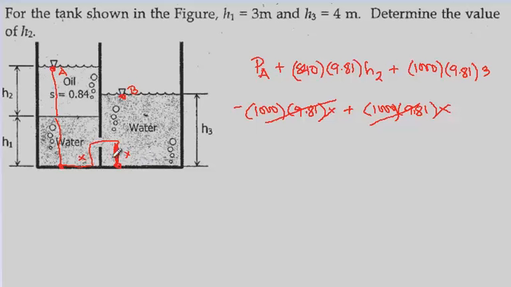And now we go upward towards B. The pressure decreases by rho g h, 1,000 times 9.81 times the height, which is H3, in this case 4, and the pressure there is now equal to the pressure at point B. In this case, PA and PB could be set to 0, or they are really equal since they are atmospheric.